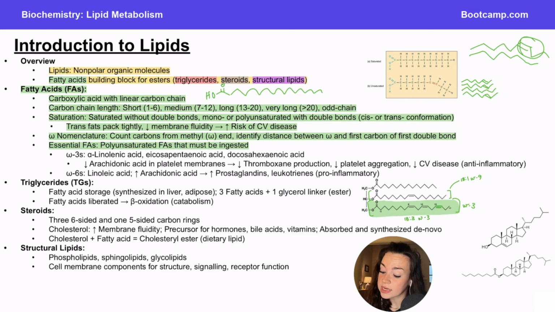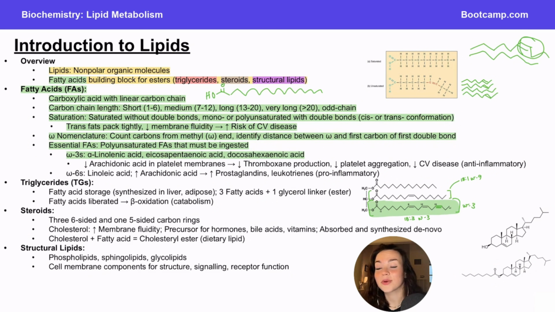It's difficult for your body to add these double bonds into these chains that are very, very long. So a lot of omega-3 and omega-6 fatty acids are essential fatty acids, meaning they must be taken in from the diet. Some examples of omega-3s that you might encounter are alpha-linolenic acid, which is actually the structure of this fatty acid tail that we were talking about right here, icosapentaenoic acid, and docosahexaenoic acid.